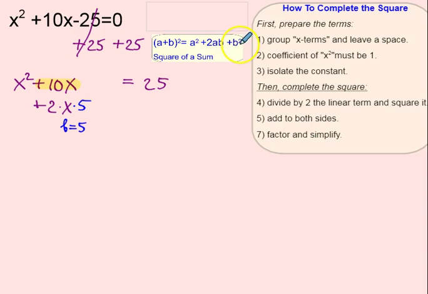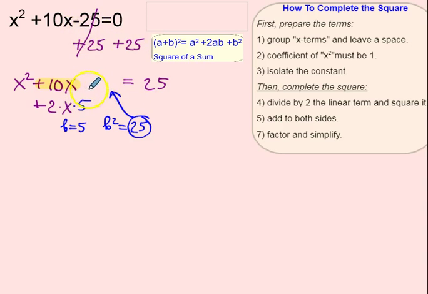And now I will need to square it. b squared, of course, is going to be 25. So this is a number that I would love to have as a third term on my left side. Again, I don't want to have minus 25 because no number squared will produce a negative result.